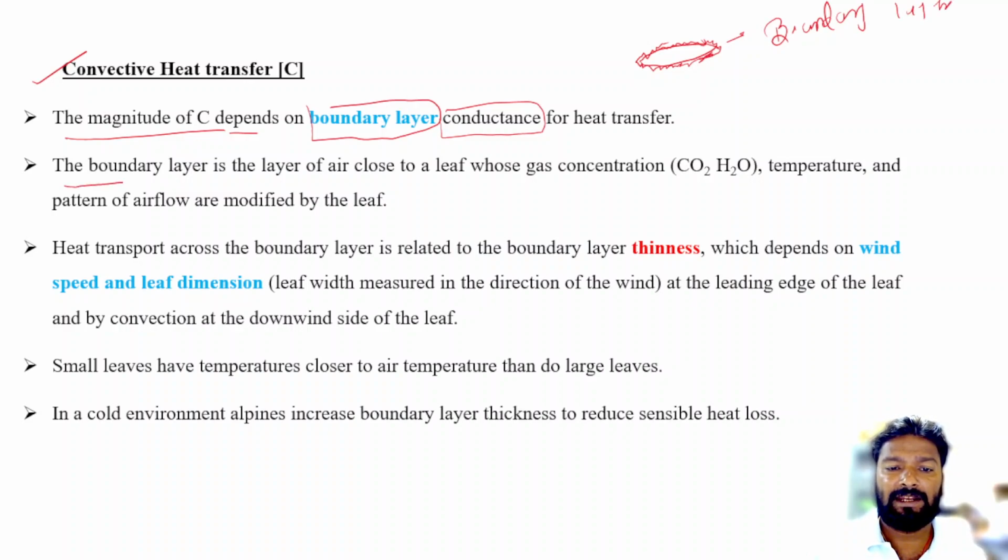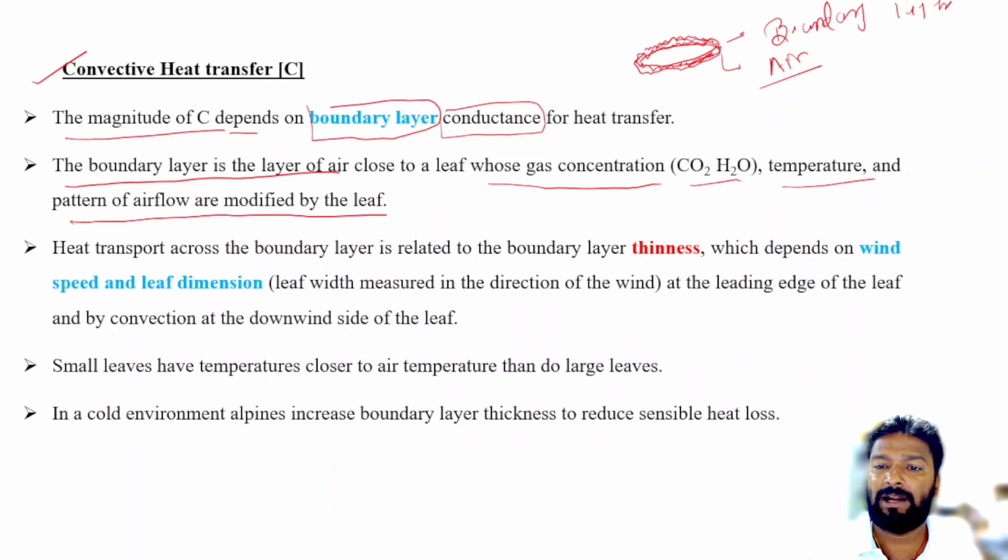So the boundary layer is the layer of air that is close to a leaf, means the atmospheric air near the leaf surface is known as the boundary layer, whose gas concentration, CO2, H2O, temperature and pattern of air flow are modified by the leaf. So this boundary layer pattern is regulated by the leaf characteristics.